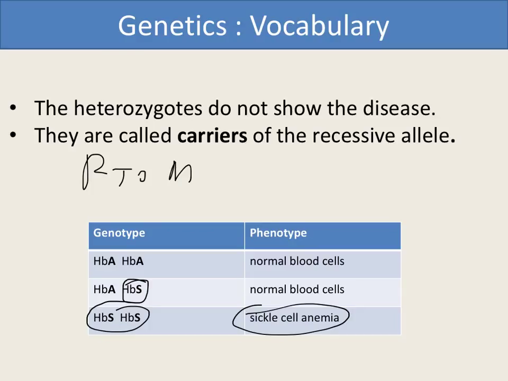In a malarial environment, they have higher fitness. In a non-malaria environment, they have slightly lower fitness than homozygous.